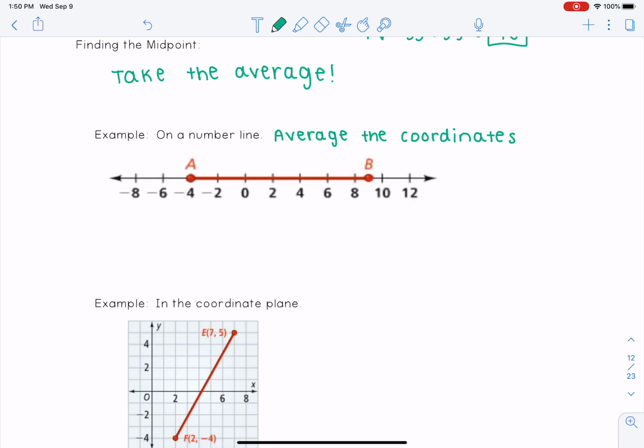That looks like us saying a plus b divided by 2. So that's negative 4 plus 9 divided by 2. That gives us the average, 5 divided by 2, which is 2.5. We can check to make sure that makes sense. Look, 2.5 is right here, that makes sense. That looks like it's the midpoint.